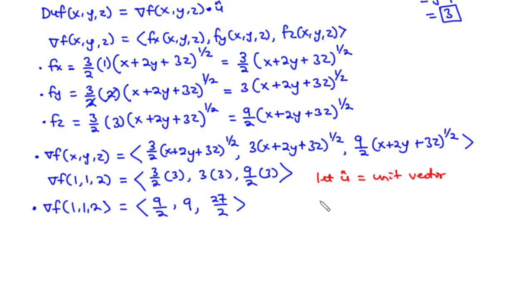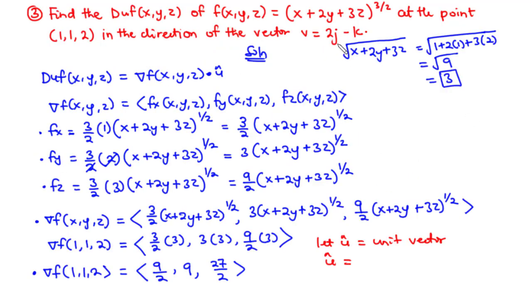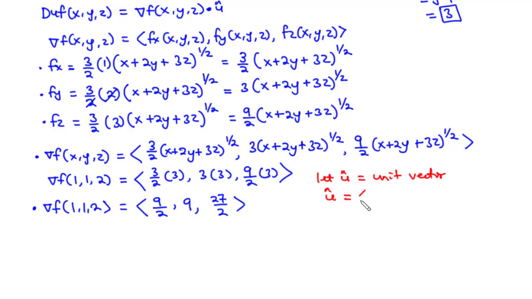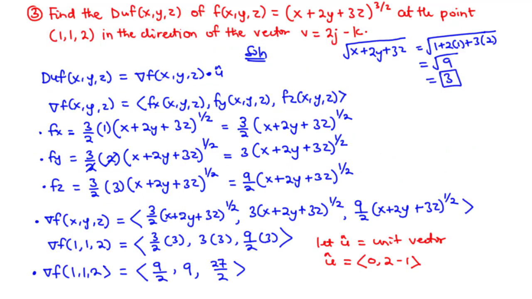Now we have the direction vector to be 2j minus k, which means that we have no x component, or the x component is 0. So that becomes (0, 2, -1).